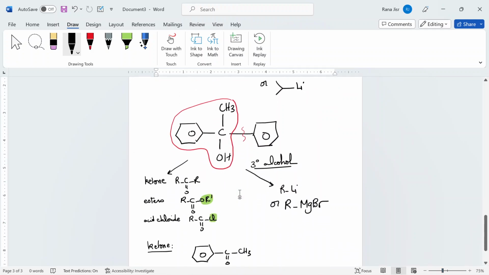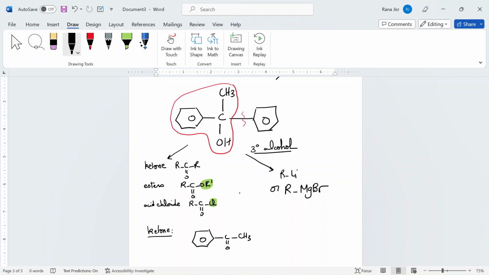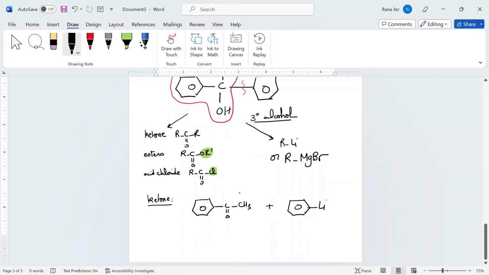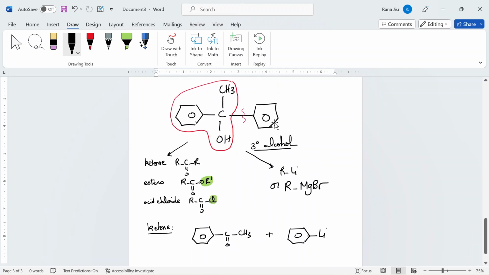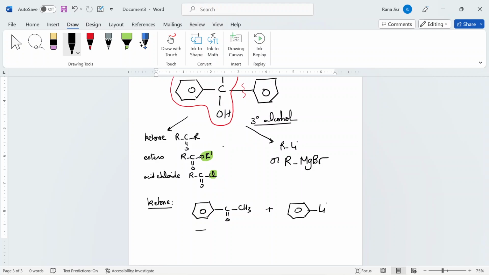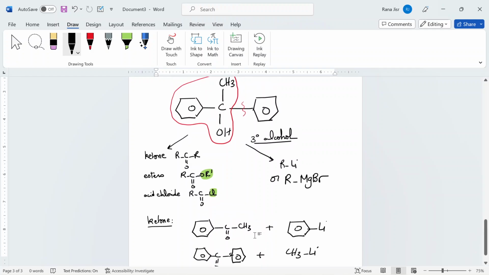Let's zoom out a little bit in there. Okay. And now I am going to end up having my alkyl lithium, the phenyl, to be an alkyl lithium in there. I can use, for example, 2 phenyls and the carbonyl in there to be my ketone, for example. So I can do that. Here you go. This is going to be my 2 phenyls. This is going to leave the CH3 to be coupled with the lithium or the Grignard.